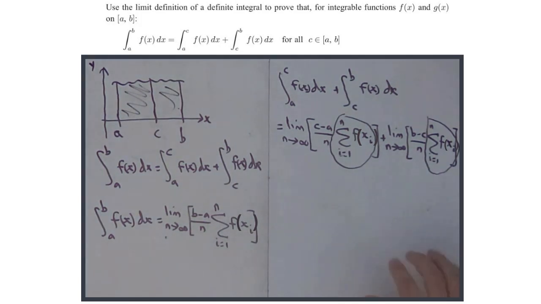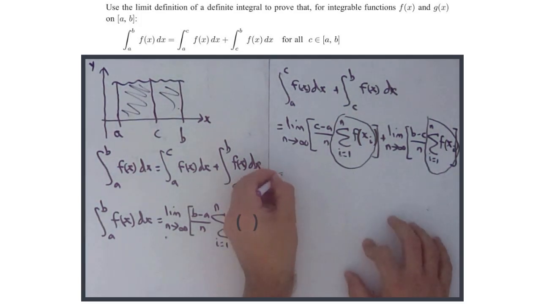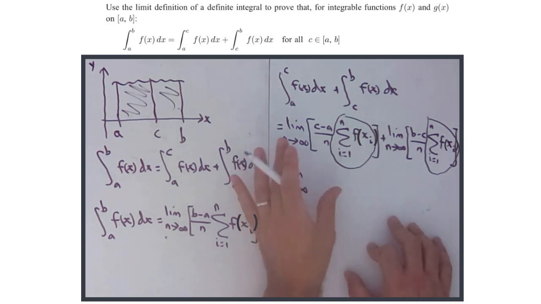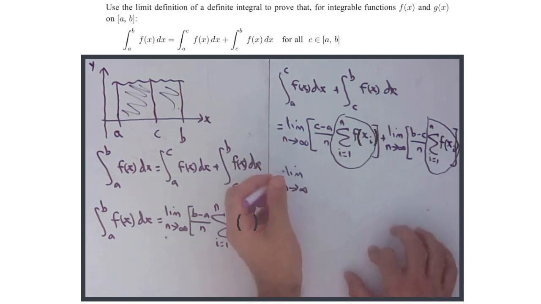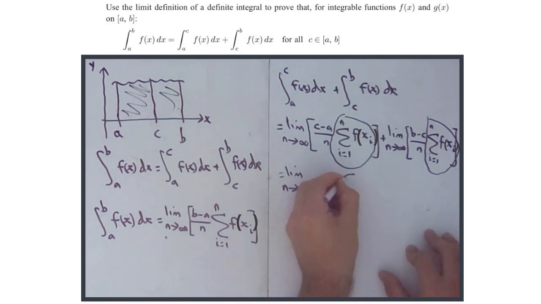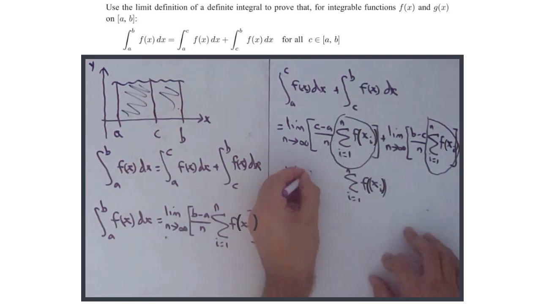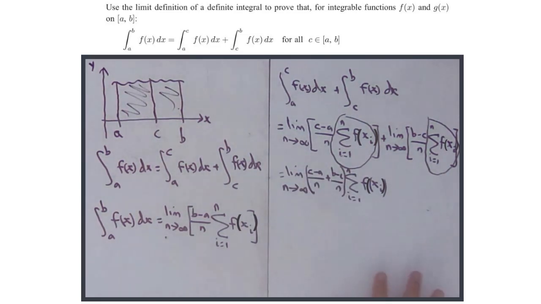So really what you've got is the limit as n approaches infinity of, if we take the sum and put it here, the sum from i equals 1 to n of f of xi, times, because that's in both, c minus a over n plus b minus c over n.